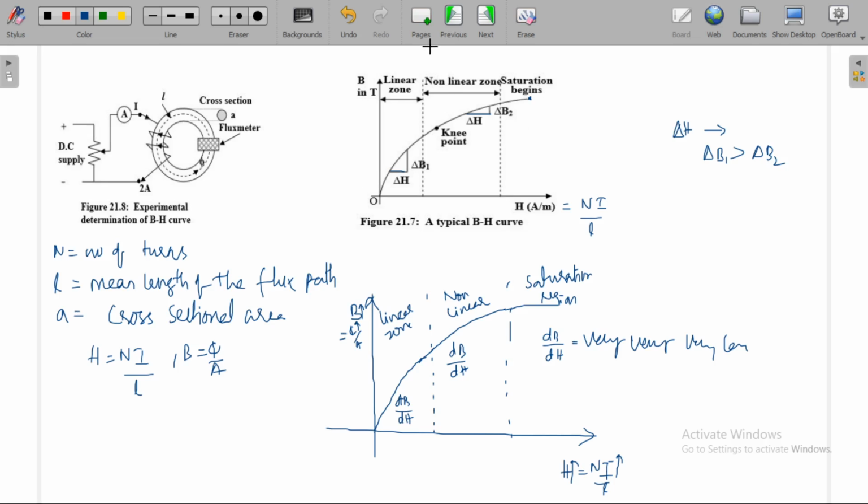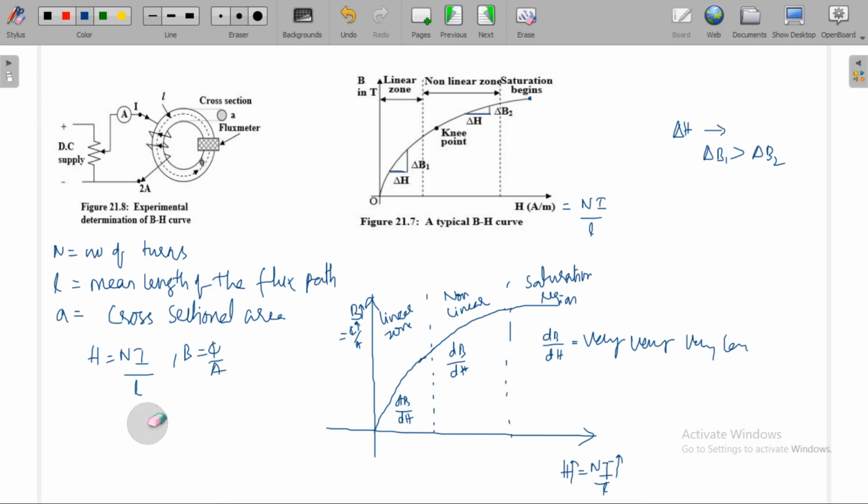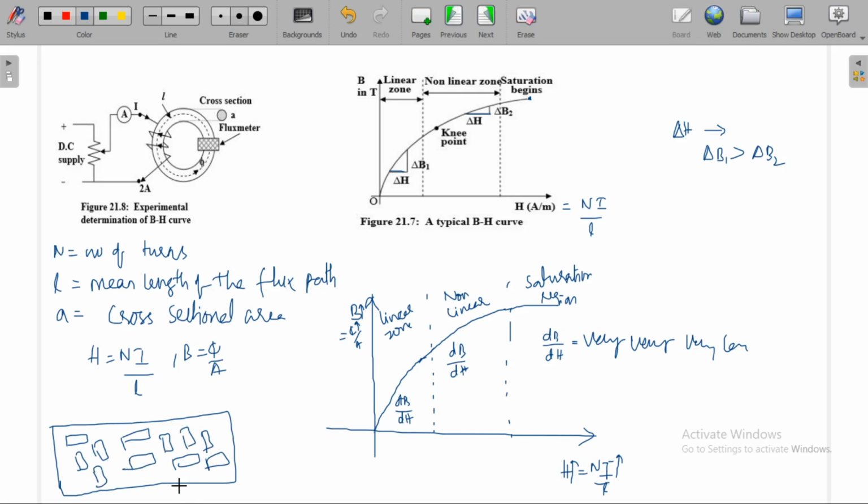As we discussed earlier, before the material has been magnetized, all domains are distributed randomly like this.